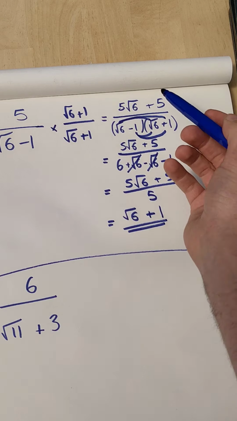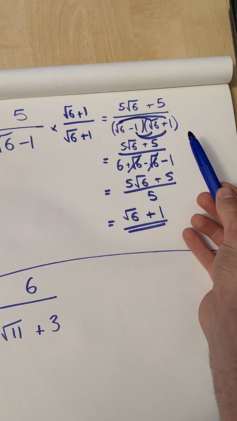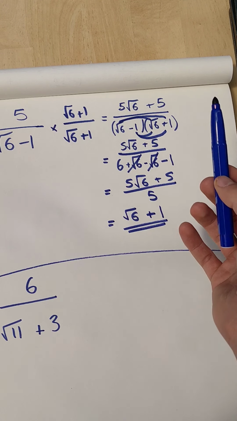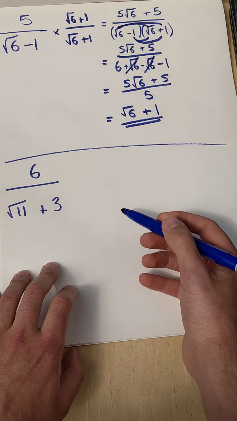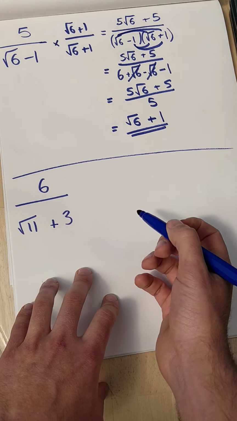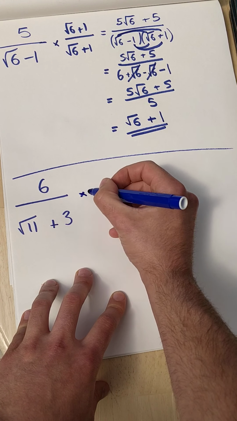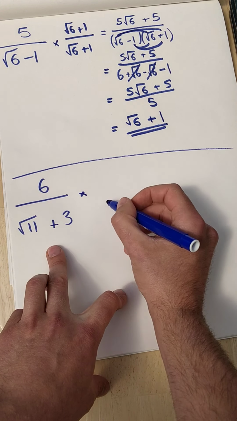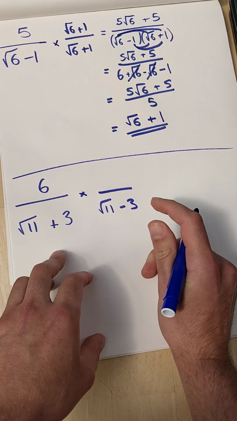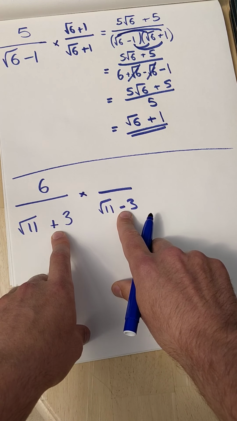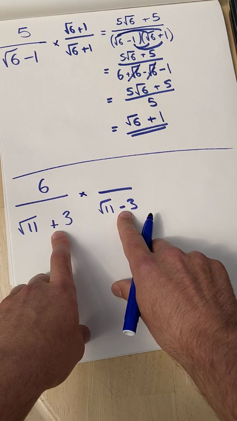Okay, it can get a bit fiddly around this process here, but if you take it step by step, it should all work out. Now I've got another one here, and I'm just going to do almost the exact same thing. So I'm going to multiply this one by root 11 minus 3. Okay, again, these two have to be completely the opposite sign.